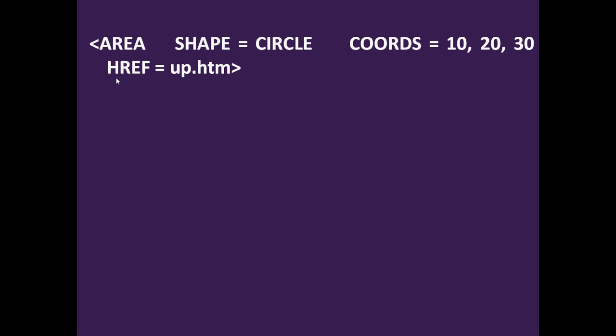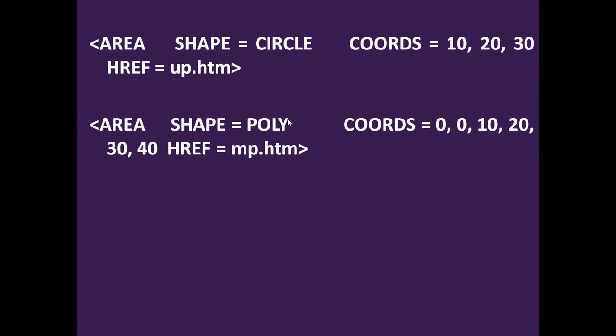Now let us understand another shape, that is circle. In case of circle, we have to specify 3 coordinates, that is x, y and r. X, y are coordinates of the center of the circle, and this is the radius. And when we click in the circle specified by these coordinates, it is going to invoke up.htm, that is specified using href. And the next shape is poly.